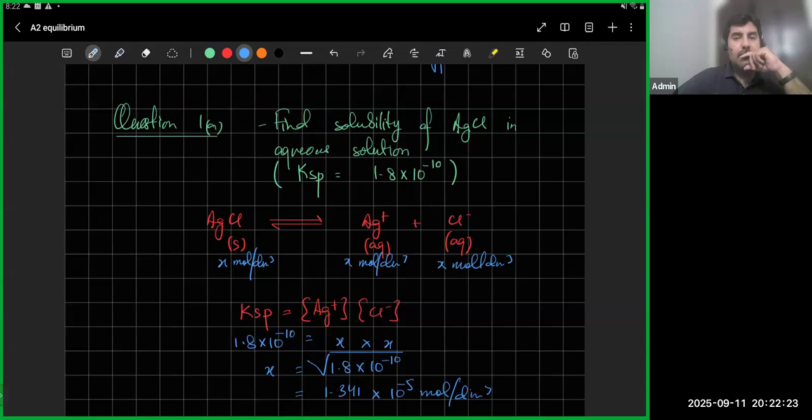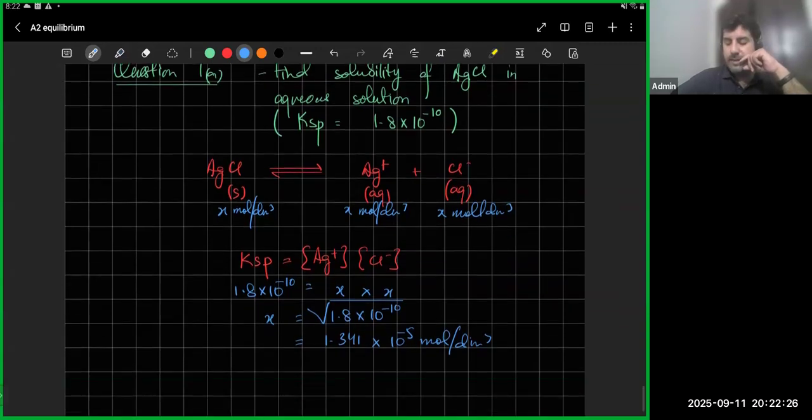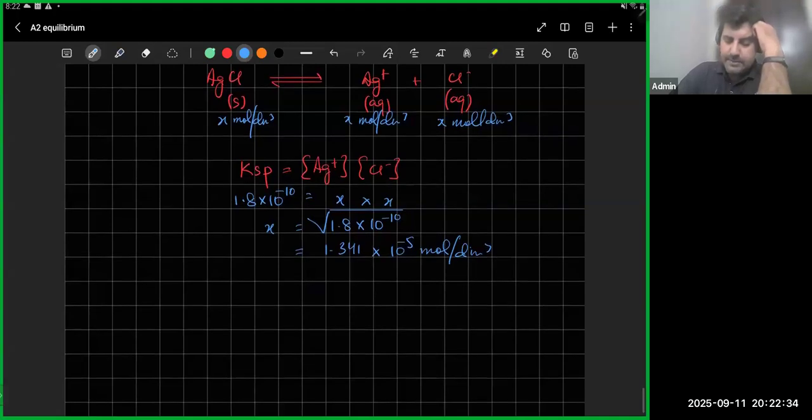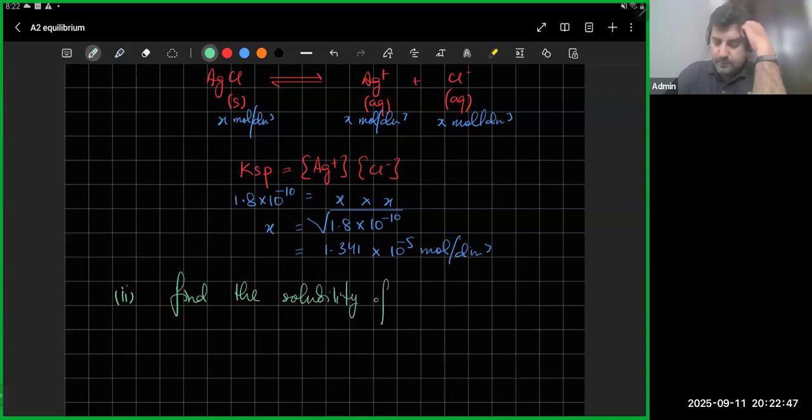Now the other part is, so we found the solubility, which is kind of low. Now the other part is part 2 of the question. That's about the common ion effect. Now he's saying find the same solubility of AgCl in 0.1 mole per dm cube NaCl aqueous.